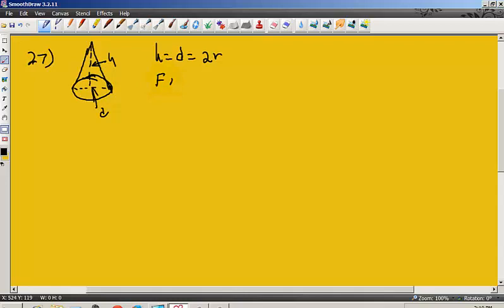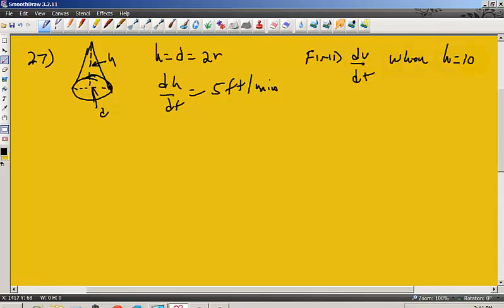Okay, so I have dh dt, 5 feet per minute. Okay, go. So they want me to find dv dt, the rate the volume is changing when h is equal to 10 feet.